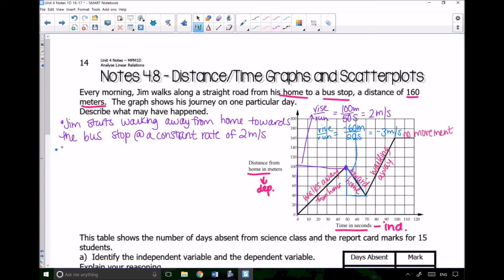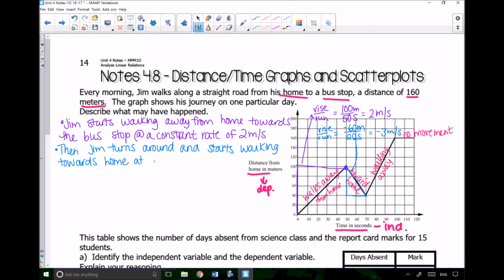So we can say then Jim turns around and starts walking towards home at a rate, it's also a constant rate because his line is straight, right?